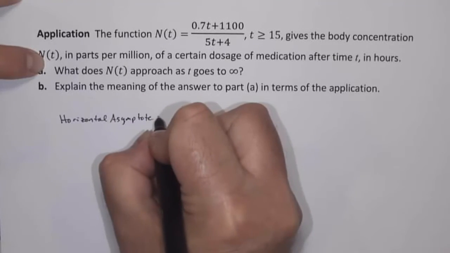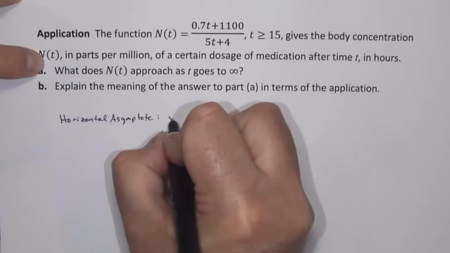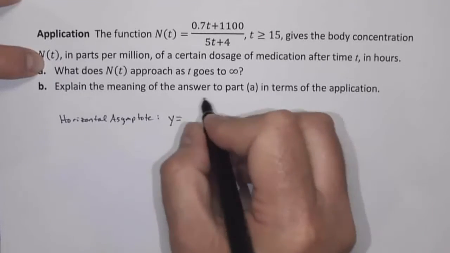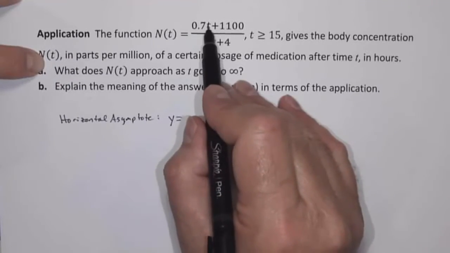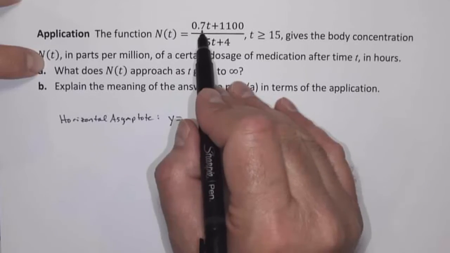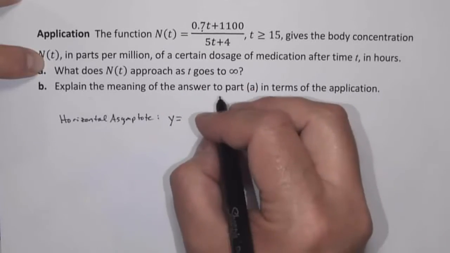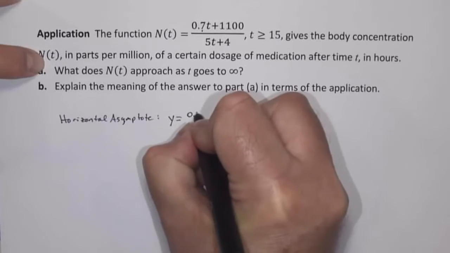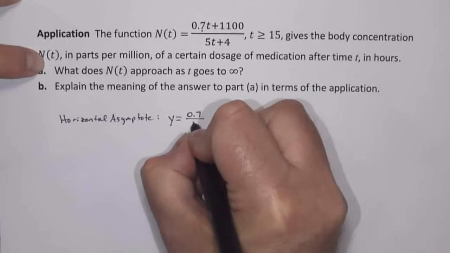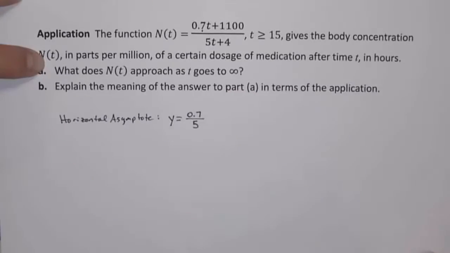And that horizontal asymptote is going to be the line y equals the leading coefficient of the numerator divided by the leading coefficient of the denominator. Well, our leading coefficient of the numerator is 0.7, and our leading coefficient of the denominator is 5.